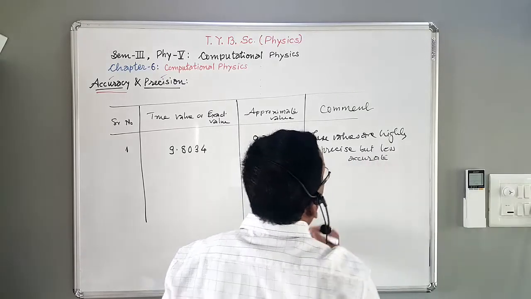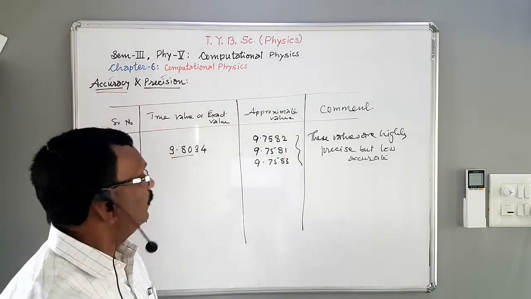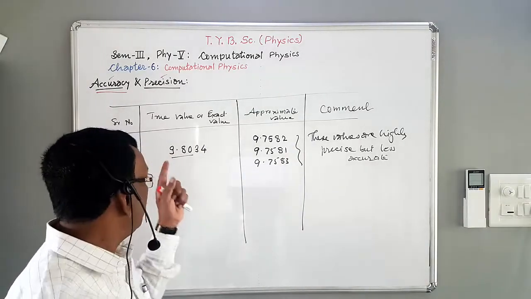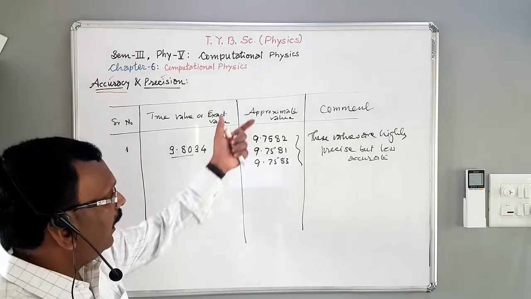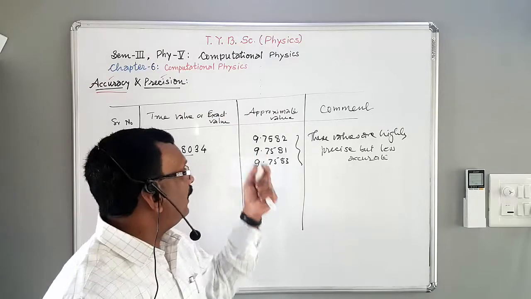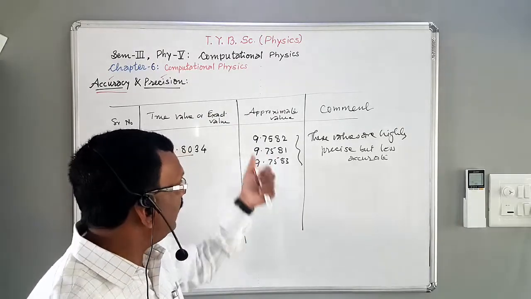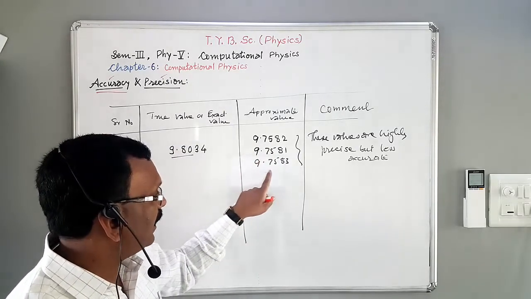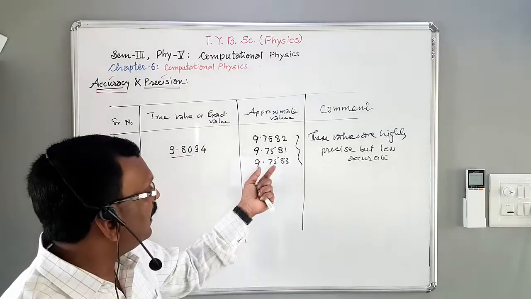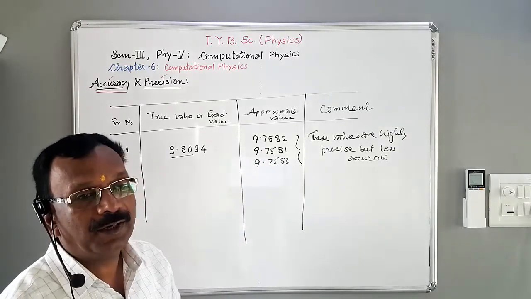Why is it so? Because here the actual or exact value of acceleration due to gravity is 9.8035 and the calculated values after doing the experiment are like this: 9.7582, 9.7581, 9.7583. These values are precise but less accurate.